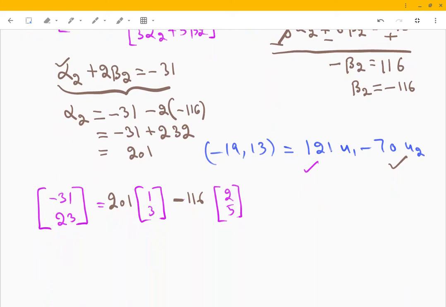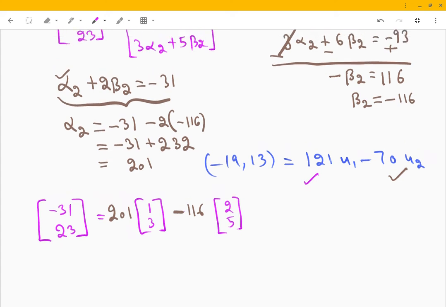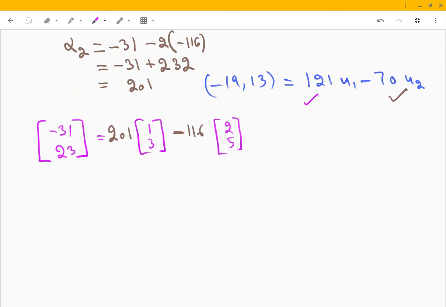So, what now? What does this mean? Well, this means that the transformation matrix, see, 201, okay, wait, no, 121. Let me just write it first and then I'll explain. Okay, this will be the transformation matrix according to these bases u1 and u2.